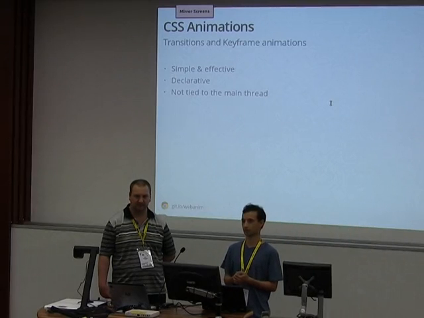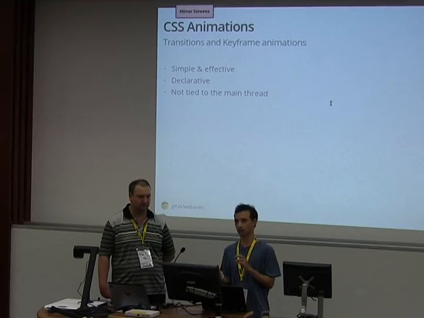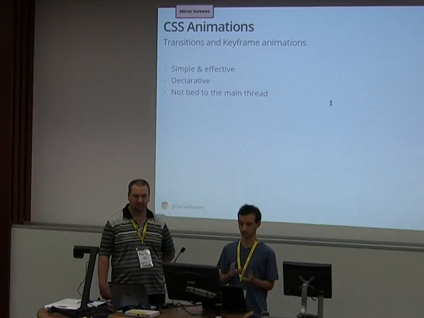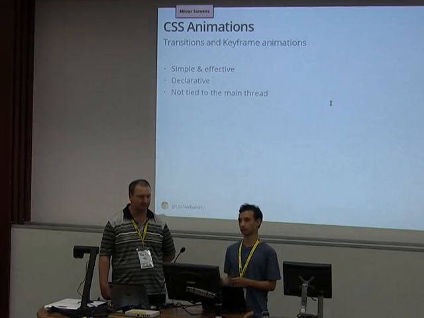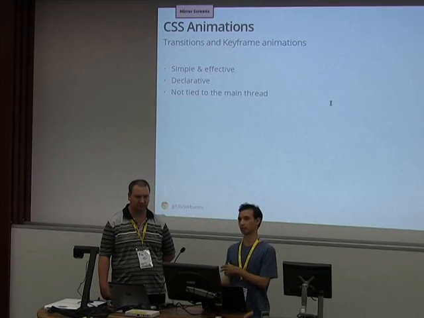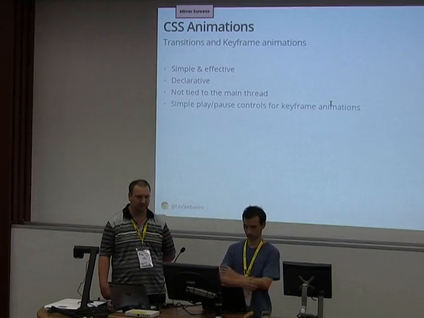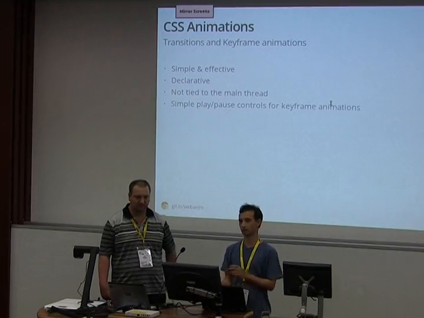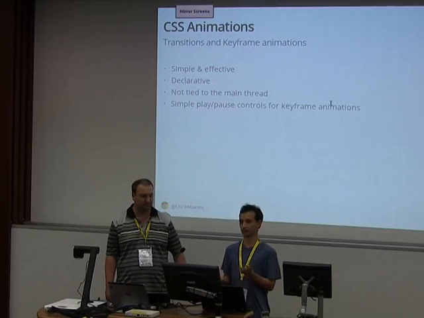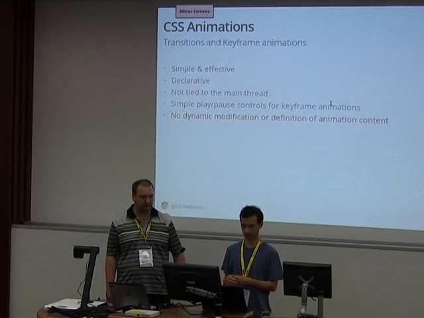So if you're scrolling the page and you've got lots of animations on, they won't necessarily interfere if they're done on specific properties such as transform and opacity. These are things which can be done in a GPU process or something that doesn't require recalculations of CSS styling. And there are simple controls for pausing an animation and resuming, but not too much in that department.